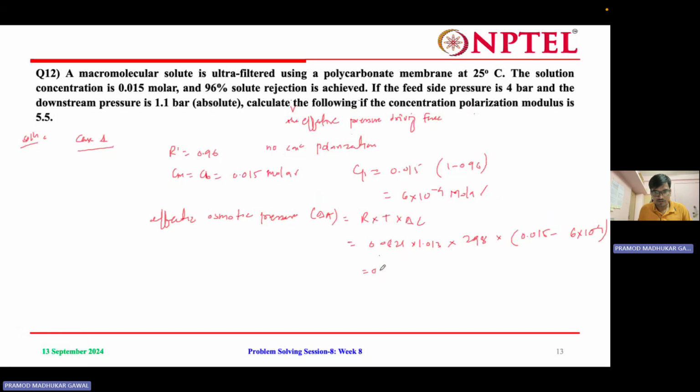So it's 0.356 bar, right? Now here is the delta P, feed side pressure minus the downstream pressure. It's 2.9 bar.